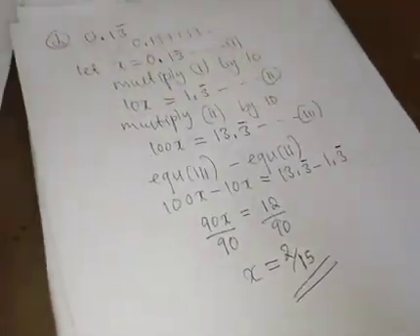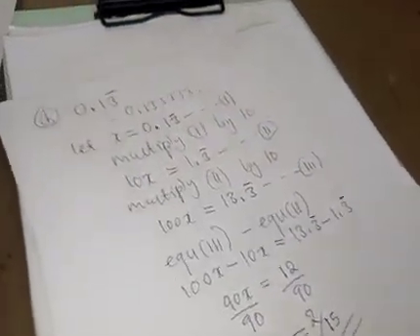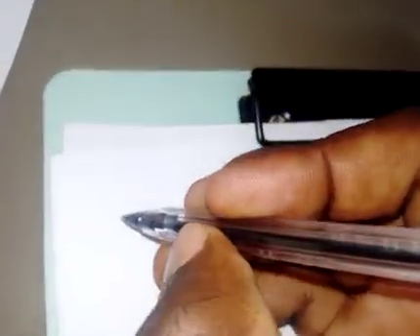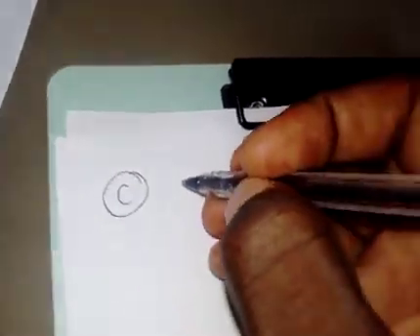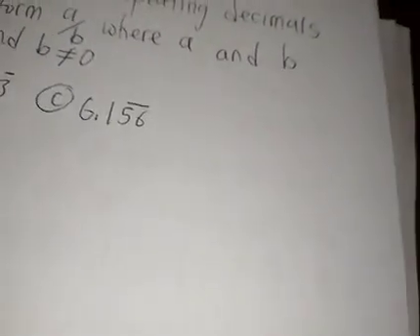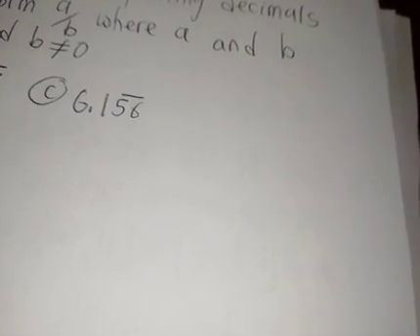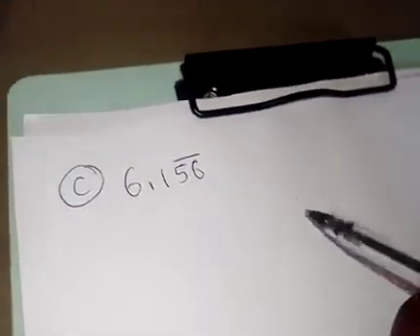Let's solve another question, that's B. Then for C, we have been given 6.156 with a bar on top. For this one, what is being repeated? We have 5656.